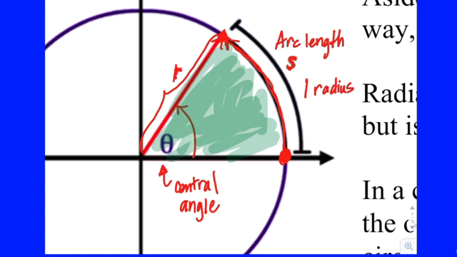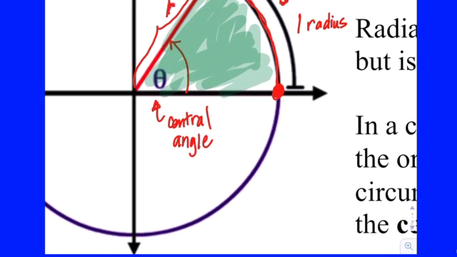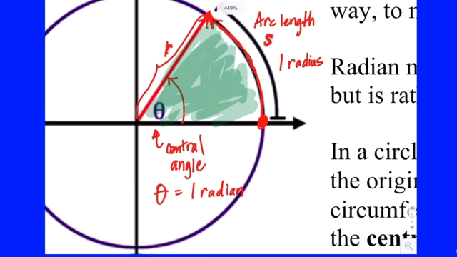The arc is above it, the angle's below it. Okay? That angle, that is exactly one length of the radius for any circle, is going to be defined as 1 radian. Okay? So in this case, theta equals 1 radian. Okay? And it's simply because it's 1 radius length along the arc.